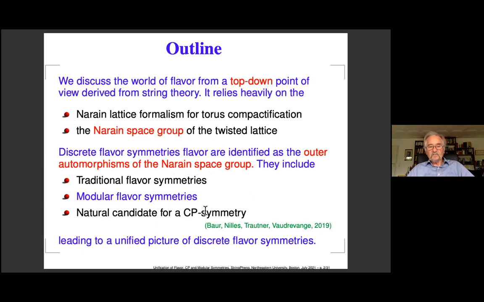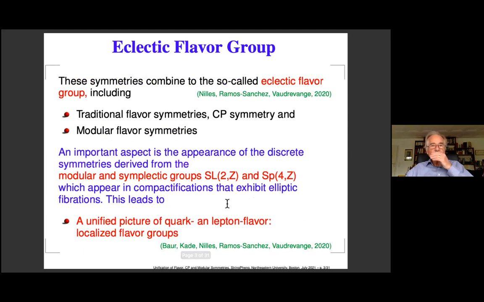And they in fact give you a unified picture of discrete flavor symmetries. This leads us to the concept of an eclectic flavor group. It combines the different flavor symmetries in a bigger group. And that's the maximum group of flavor for a given model.